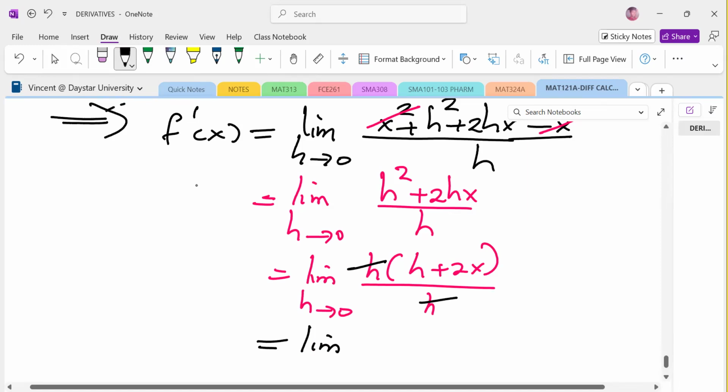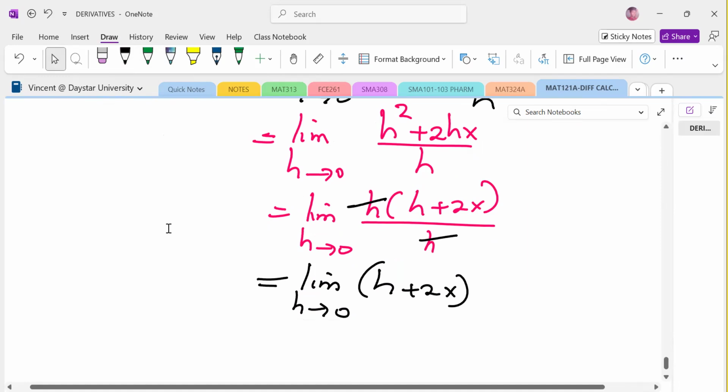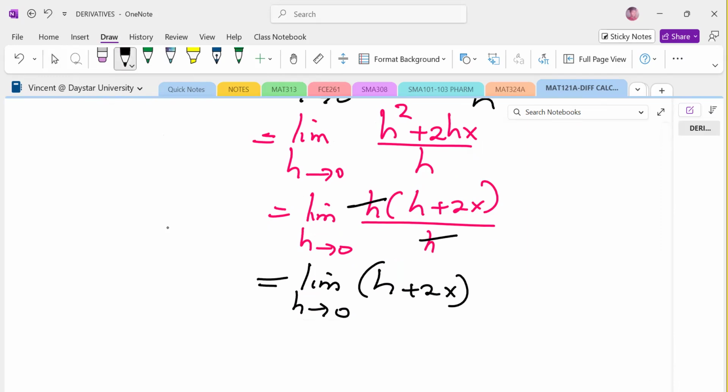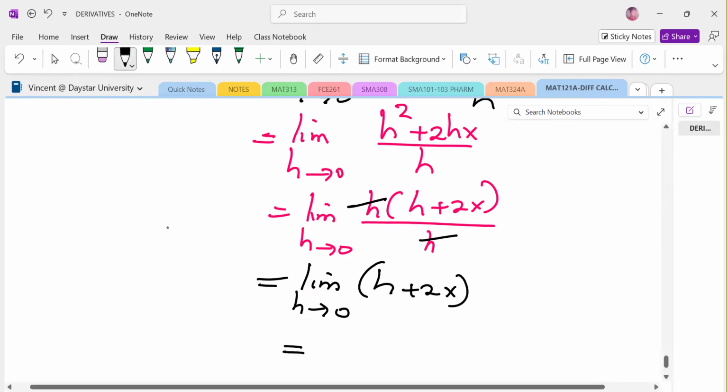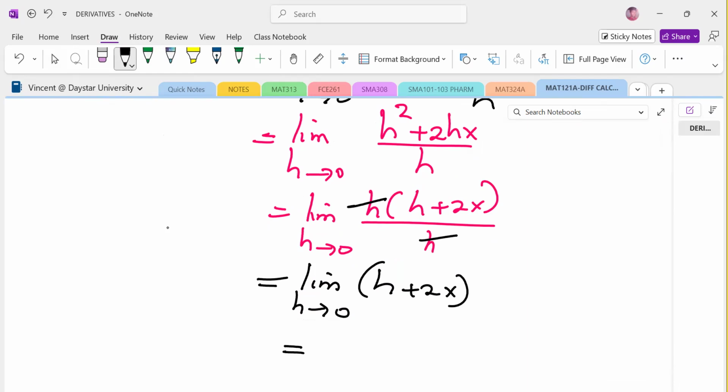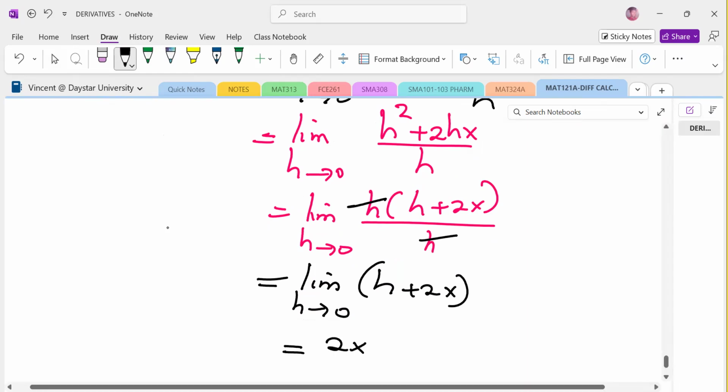So we'll have the limit as h approaches 0 of h plus 2x. So when you substitute h for 0, then we have 2x, correct. Because it will be 0 plus 2x, which is 2x. So therefore, the derivative of x squared is 2x.